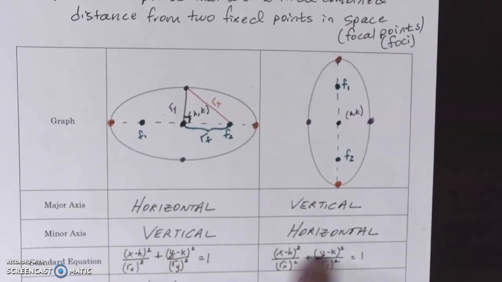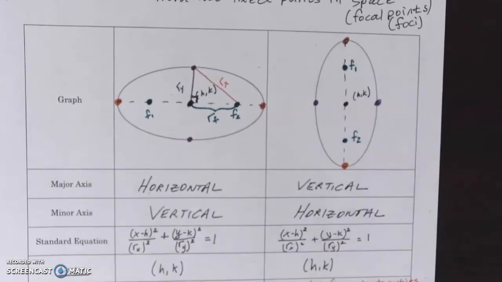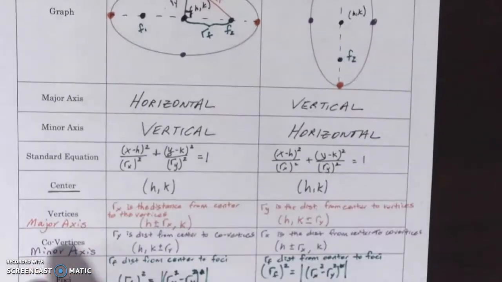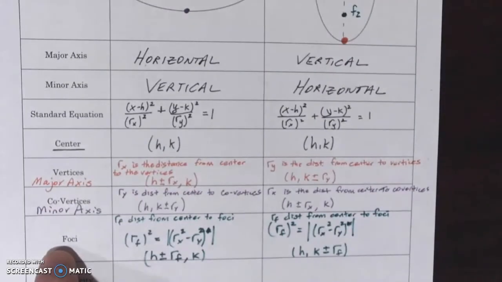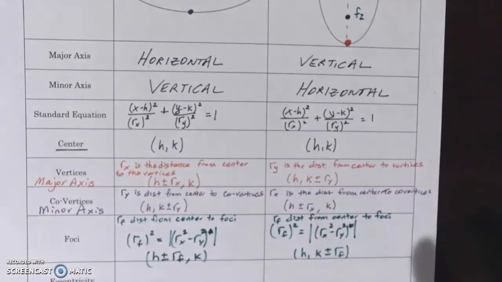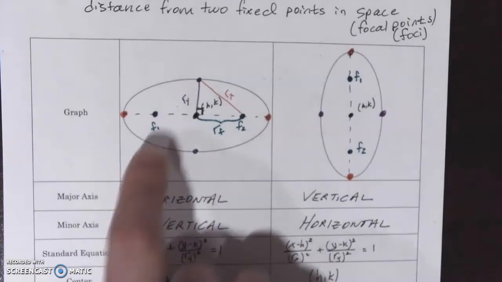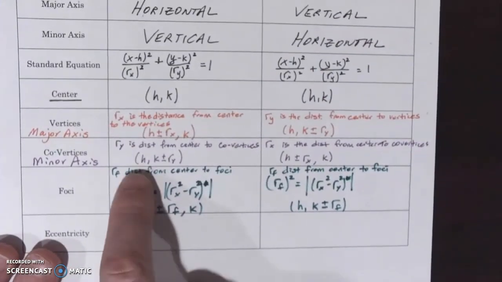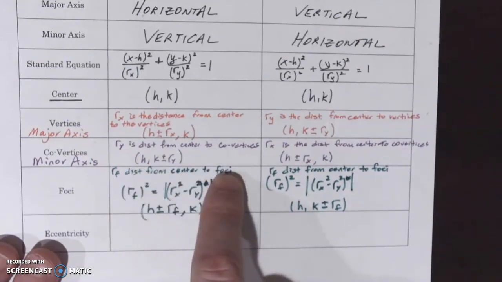The center, here's our standard equation, the center at h comma k. The vertices will always be along the major axis. The co-vertices will be along the minor axis, directly either up and down or left and right from the center, depending on which one's minor. And then the foci, we will do a little bit of mathematical work, hearkening back to our Pythagorean theorem, that would allow us to find the distance from the center to each focus.